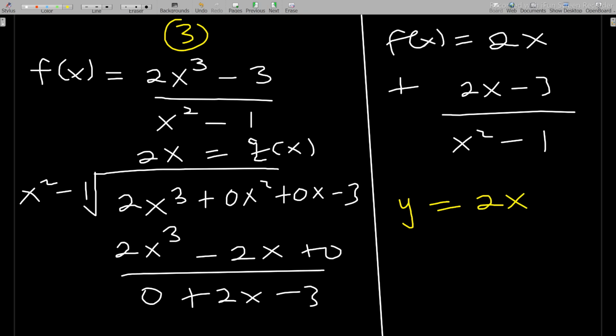I said that the slant asymptote is a straight line, and this is indeed a straight line. It's mx plus c, so we have 2x plus 0 like that. So let's move ahead and do one example on the curvilinear.